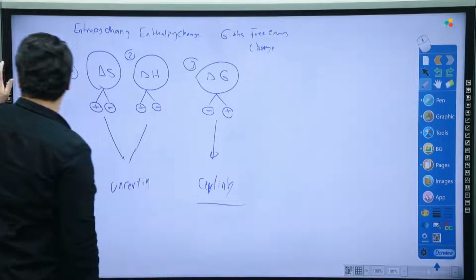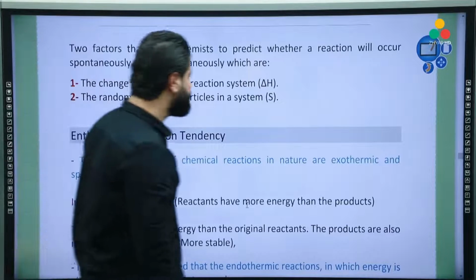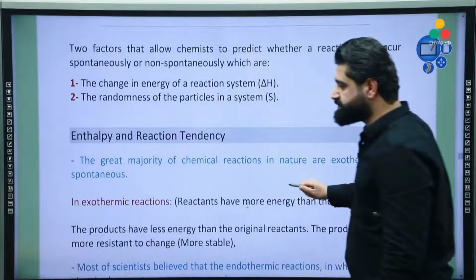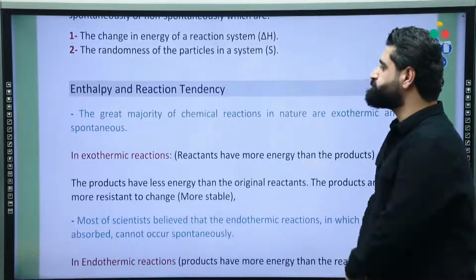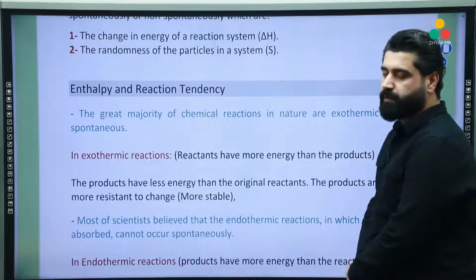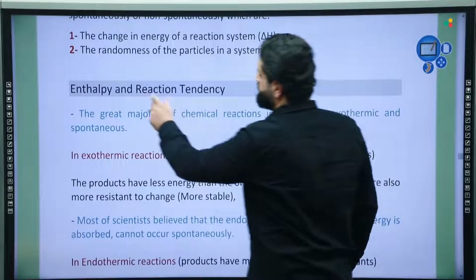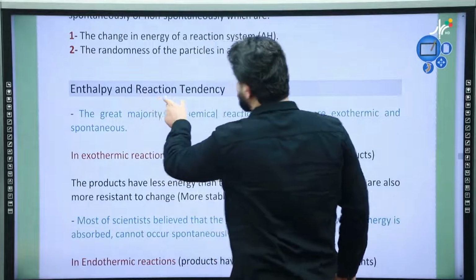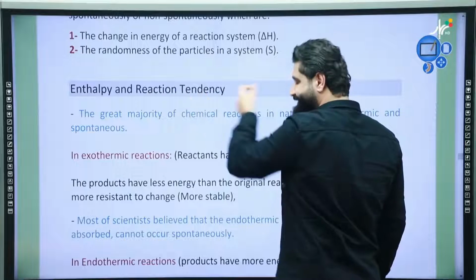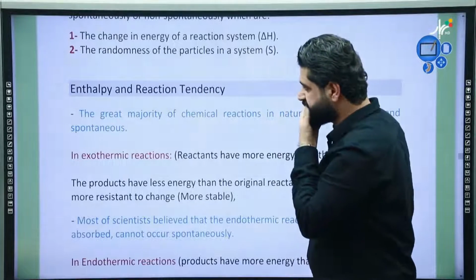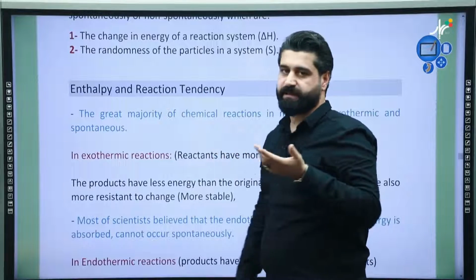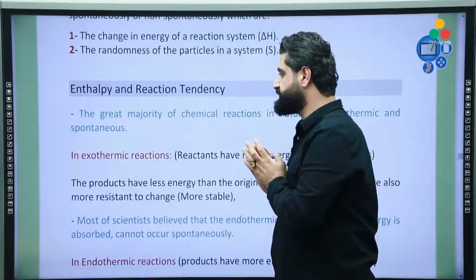Of course, Gibbs free energy. So let's go through this subject deeply. First of all, we have to study enthalpy, enthalpy and reaction tendency. It means how enthalpy affects whether a reaction occurs or not.